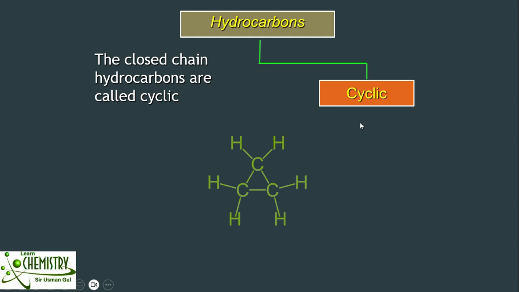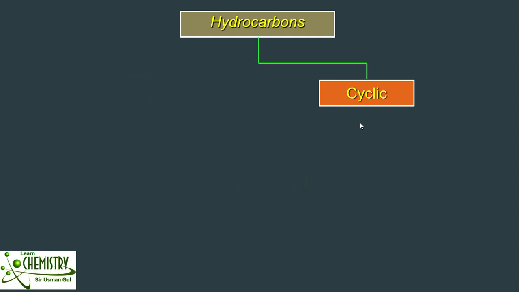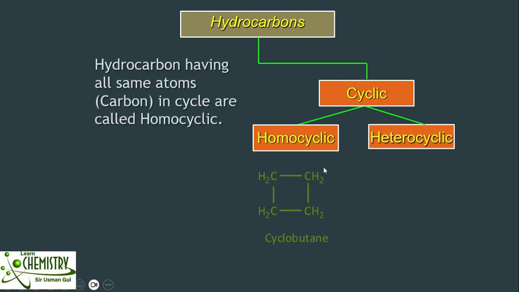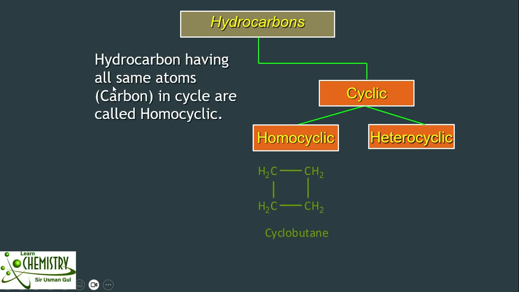When we classify cyclic hydrocarbons, initially they are classified into two groups. Number one group is called homocyclic, and the second group is called heterocyclic. Now let's talk about what homocyclic are. Hydrocarbons having all the same atoms in the cycle are called homocyclic.